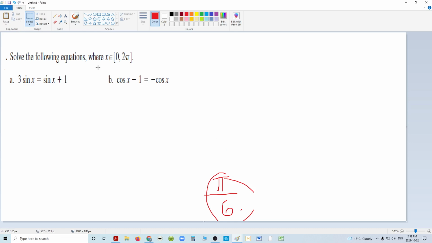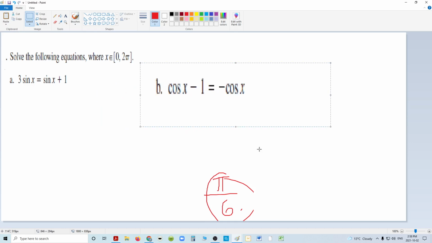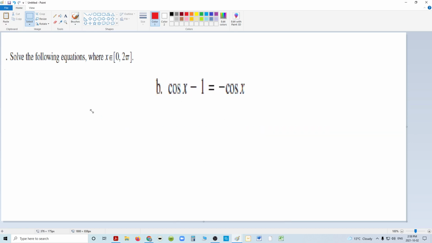What about this one? Let's get our cosines to the same side. So if I add a cos x to each side, I'm left with 2 cos x minus 1 is equal to 0. If I get that 1 to the other side, 2 cos x is equal to 1.